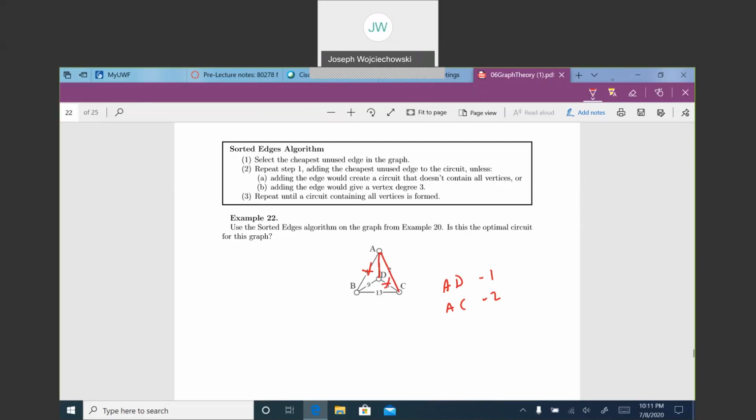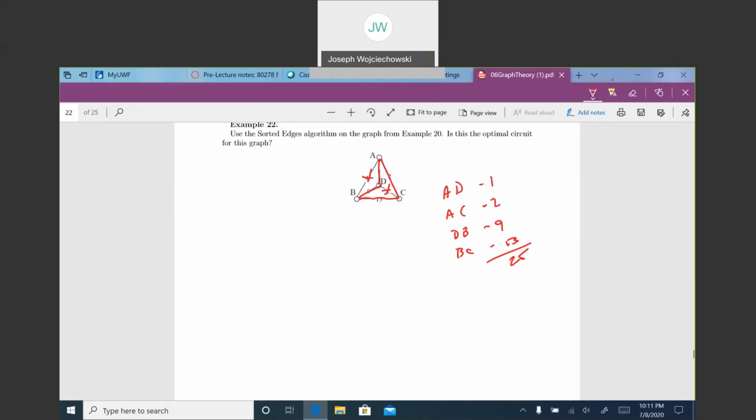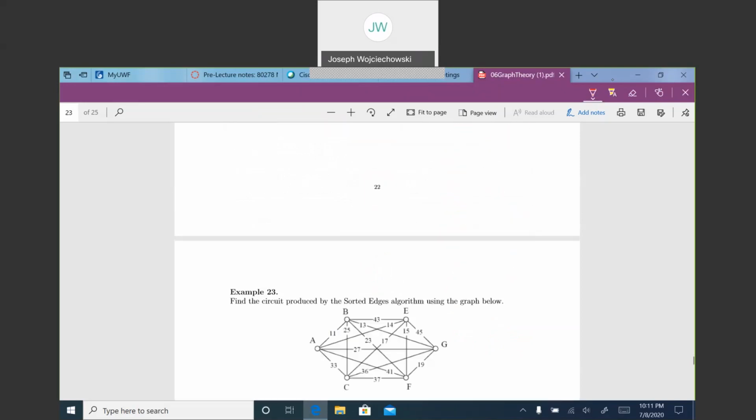So my next cheapest edge is DB, which is 9, and then the other edge is BC, which is 13. And this is 25. So this would be our circuit using this method. I think that was the shortest circuit, so that worked out pretty well.